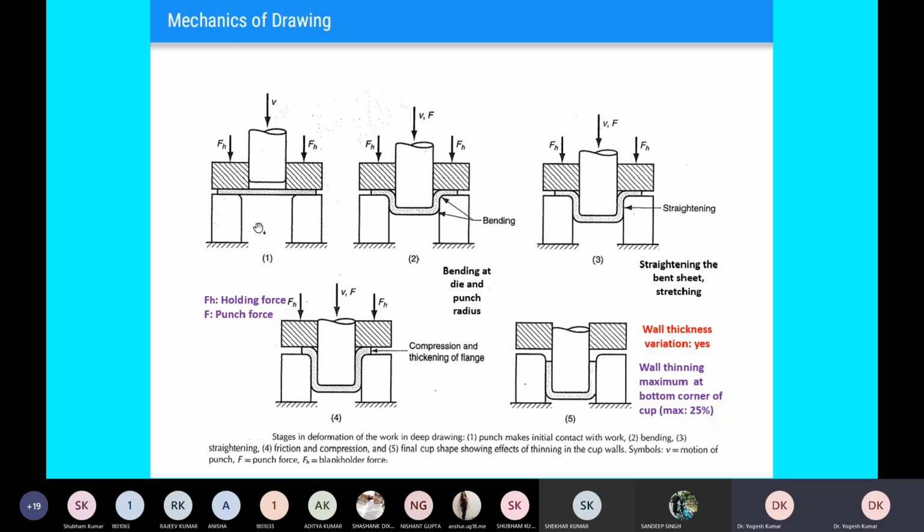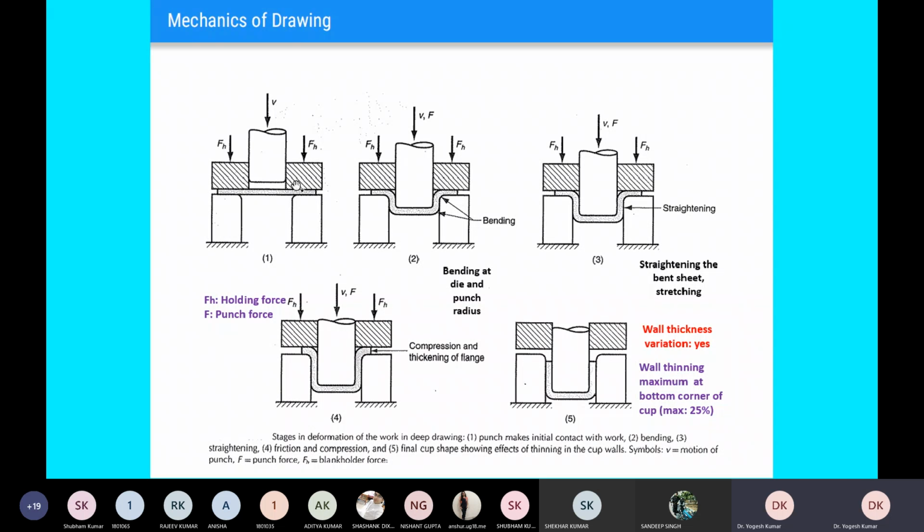In figure 1, you can see an initial blank that is kept over your die. This is your die, and this is your die opening. We have kept our initial blank over this die opening.